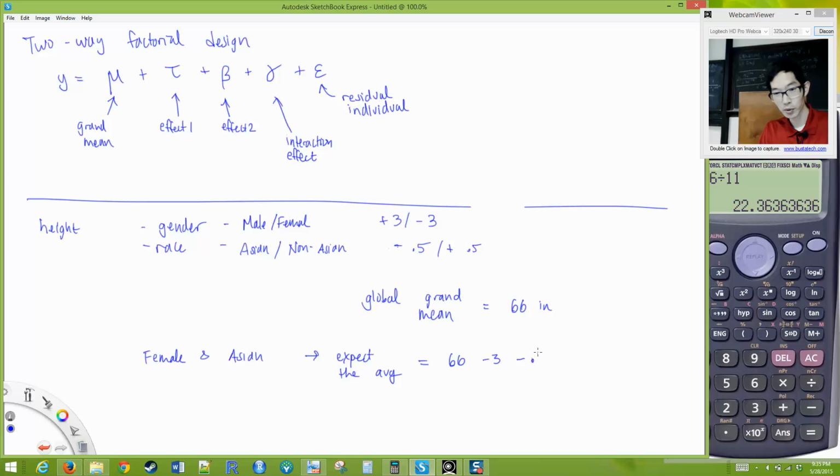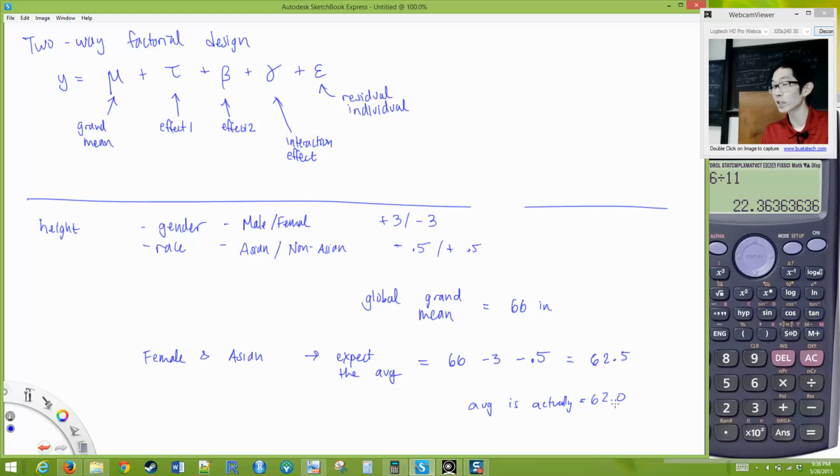But it might turn out that being female and Asian actually produces an even lower mean, of maybe 62.0. So here we have what we call an interaction effect, where this is coming out to be even lower than what we expected.